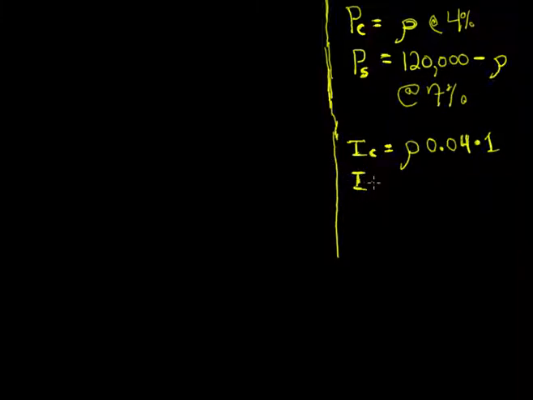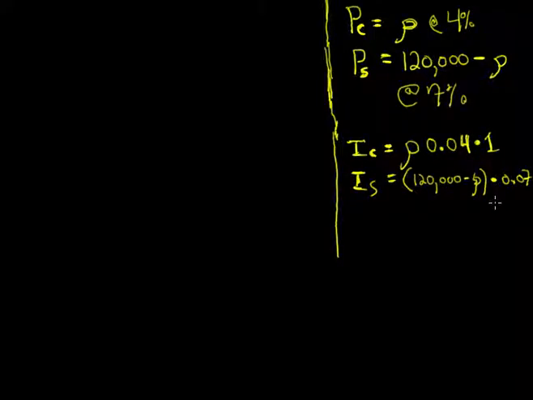From the stock, I have 120,000 minus P times 7% times 1. And anything multiplied by 1 is itself. I ran out of space on my side blackboard here.